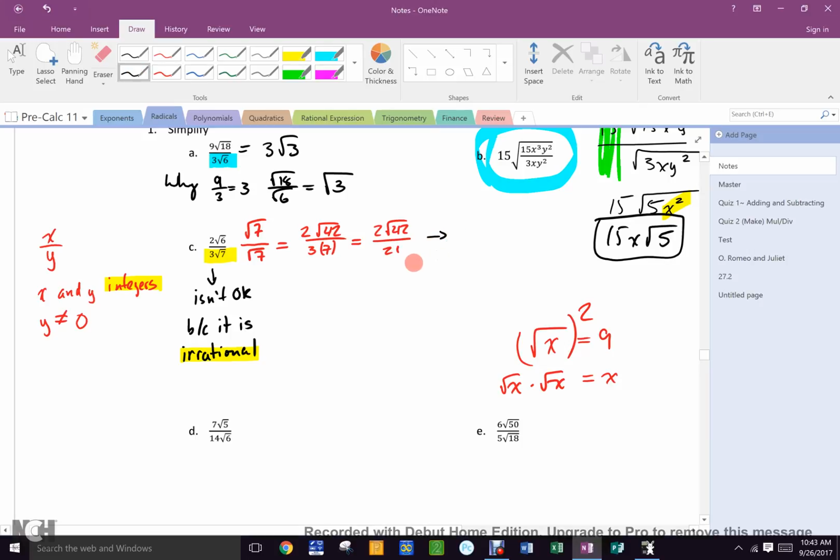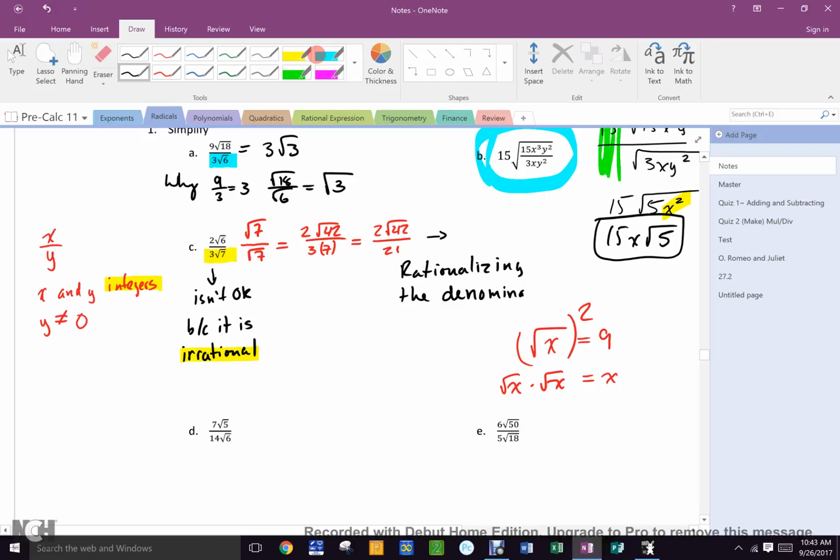This process is called rationalizing the denominator. I am going to say that approximately 1,000 times this unit and this year.